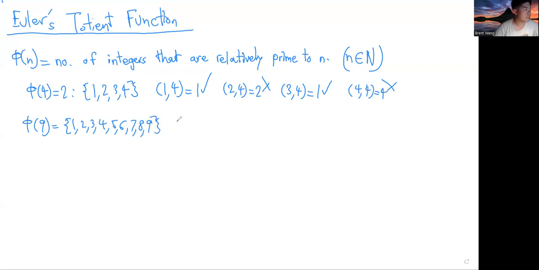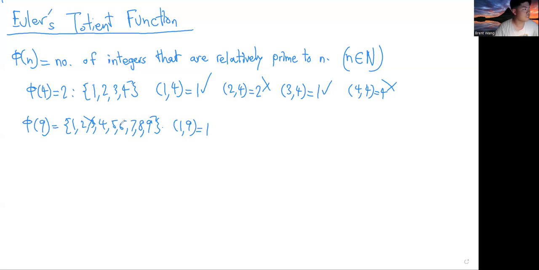Phi of 9 equals 6, but let's do it like this. The GCD of 1 and 9 is 1. Actually, I'm going to speed this up. So 2 is relatively prime to 9, 3 is not. The GCD of 3 and 9 is 3.